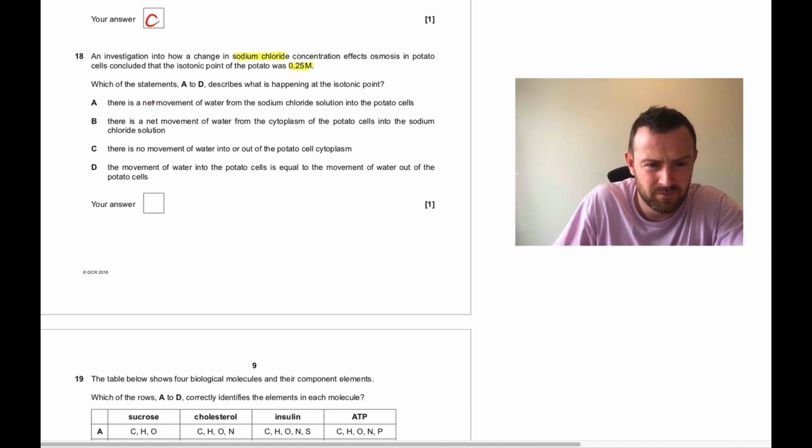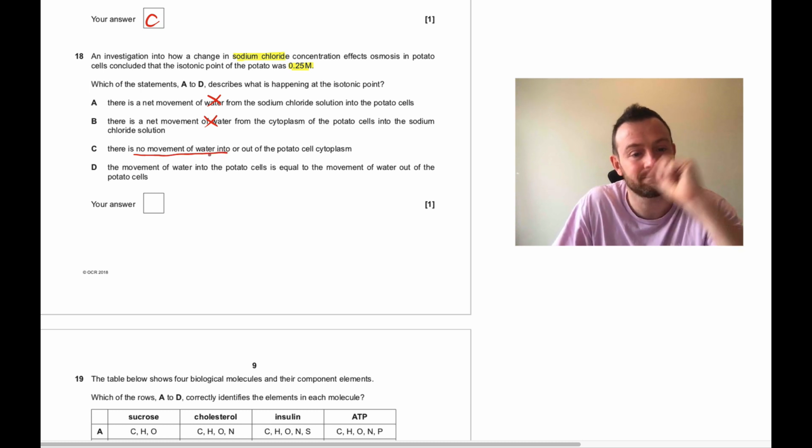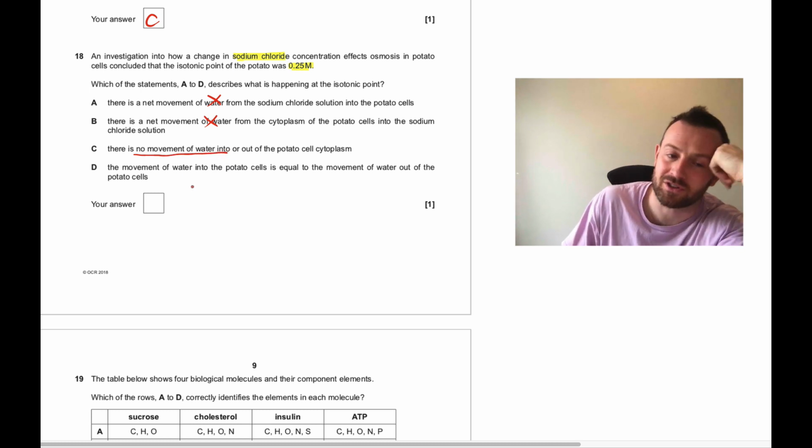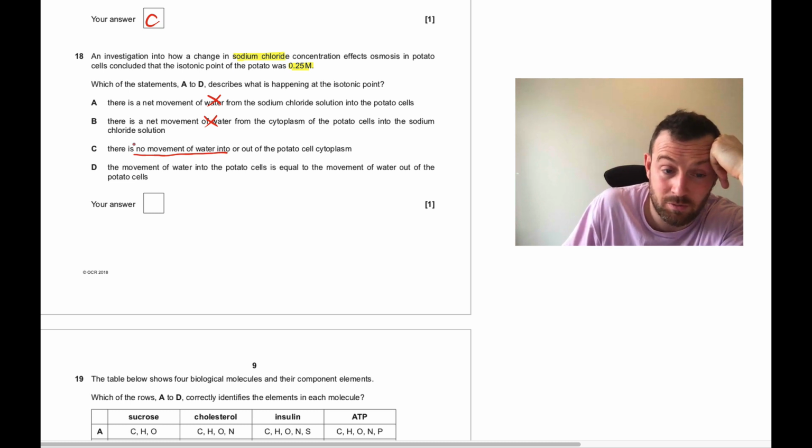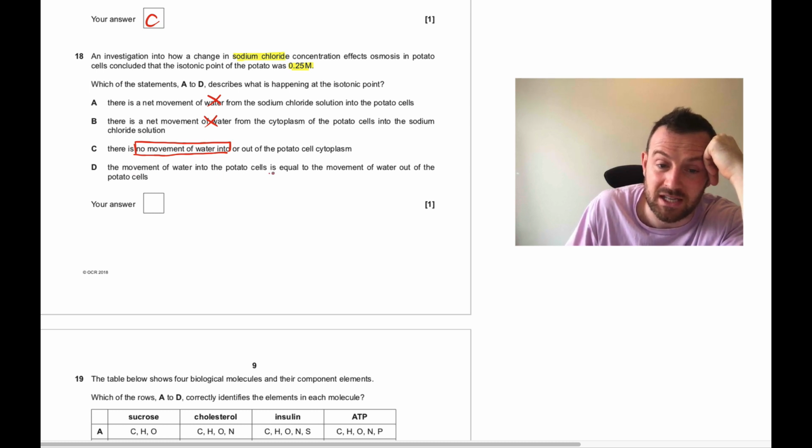So there is a net movement of water? No. There is no movement of water. Oh, I almost got tricked here. I almost went for this, but actually, yeah, there is movement of water. It's just that the movement of water into the potato cells is equal to the movement out.